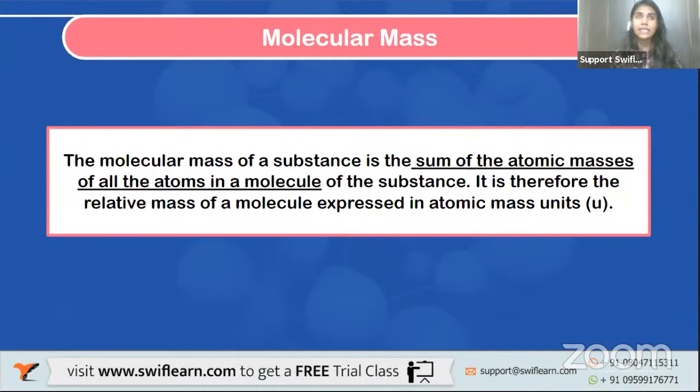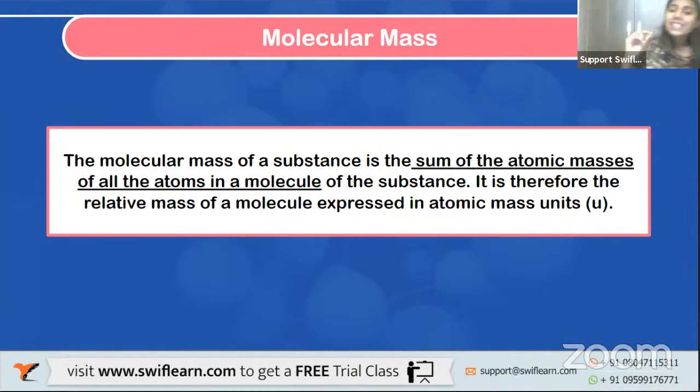For instance, say I have a molecule that is made up of three atoms of any element. If I want to find out the molecular mass, what will I do? I will take the mass of these three atoms, add them, and get the total molecular mass.